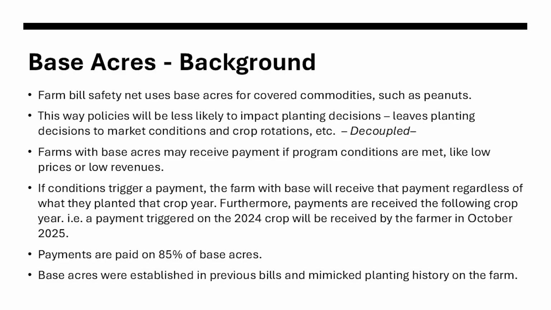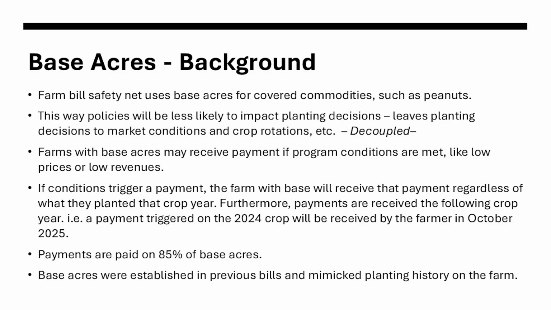Farms that have covered commodities and have base acres can be eligible for participation in government programs and payments if they're triggered. So the Farm Bill safety net uses base acres to indicate who gets payments or not.